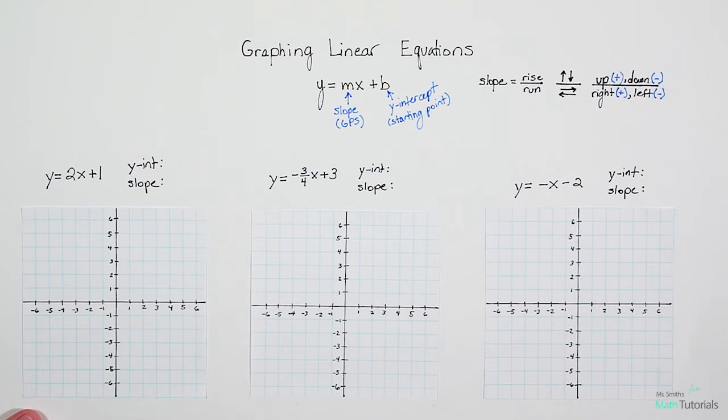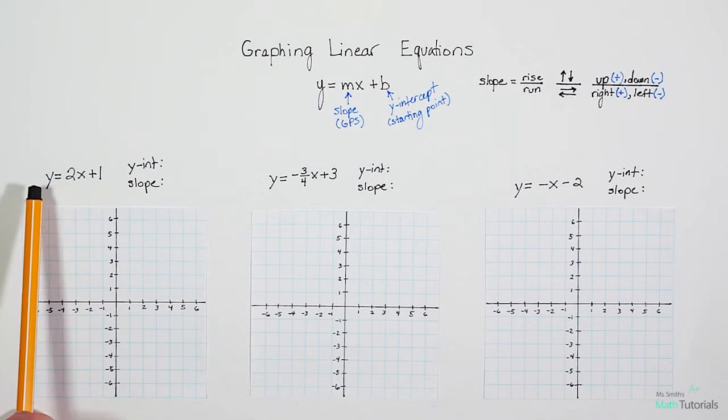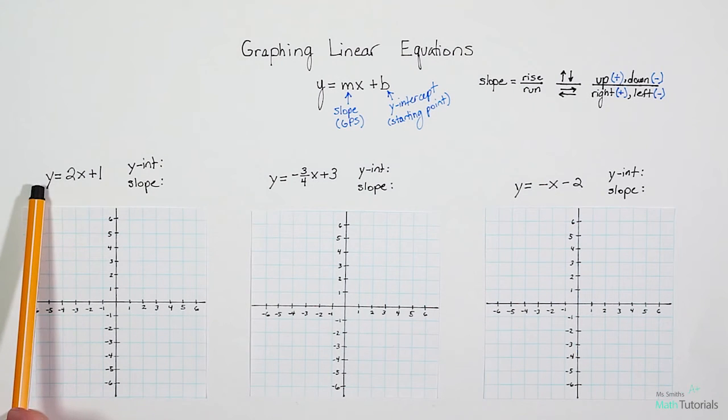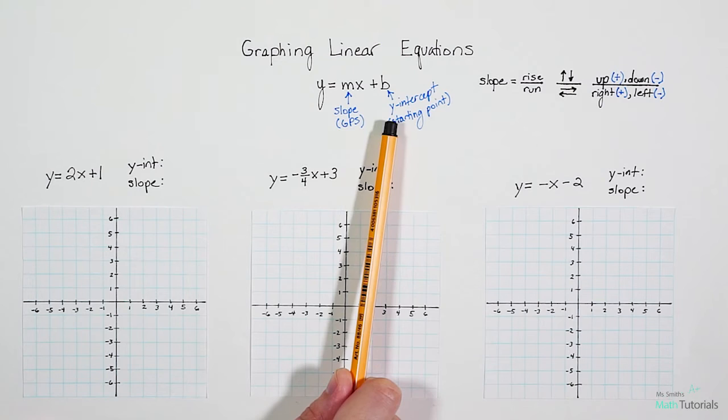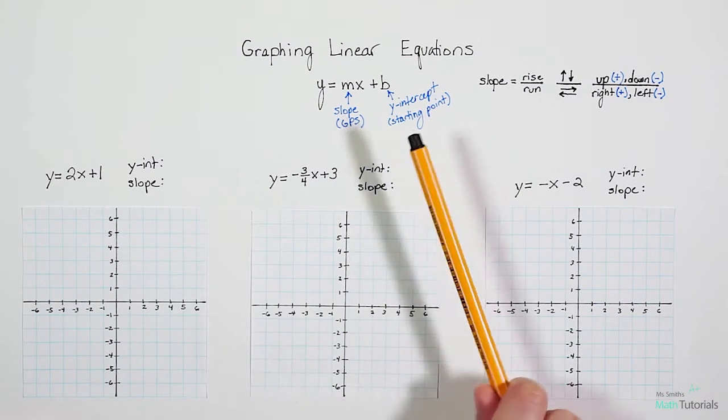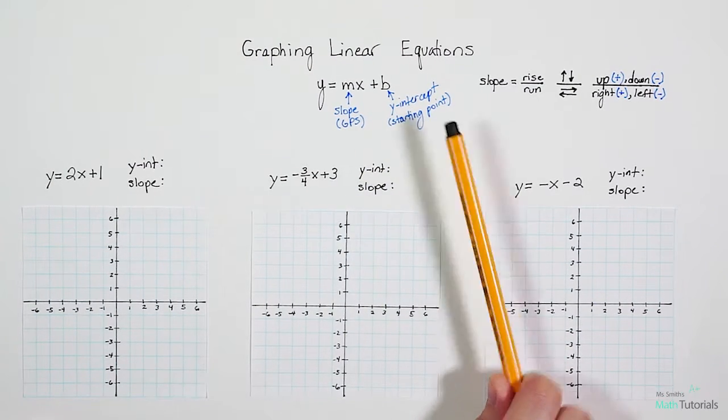It is important that the y is alone. So when we notice this, the coefficient in front of the y, the number in front of the y, is an understood 1, which means that y is alone. When we look at this problem, we want to identify the y-intercept first. Remember, that's our starting point.